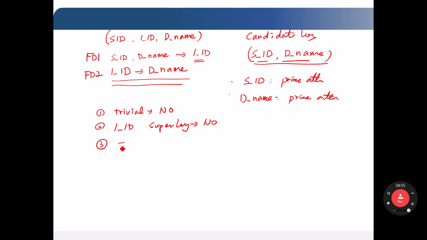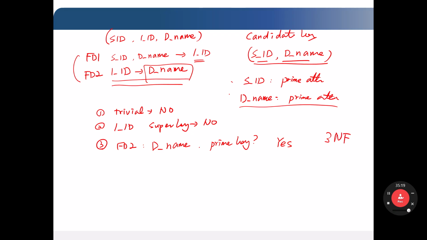Okay, so this FD is a problem. The right side, the dependent, is the department name a prime attribute? Yes, it is. So this table is in 3NF.